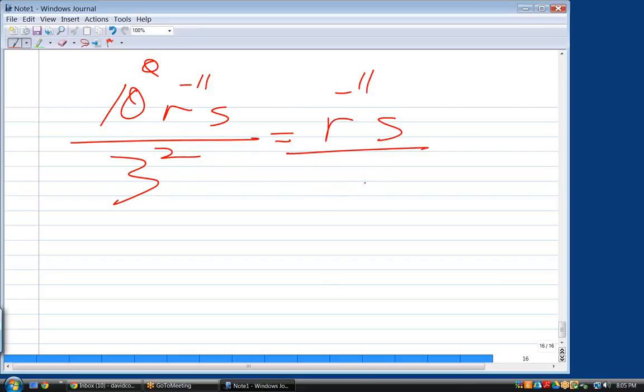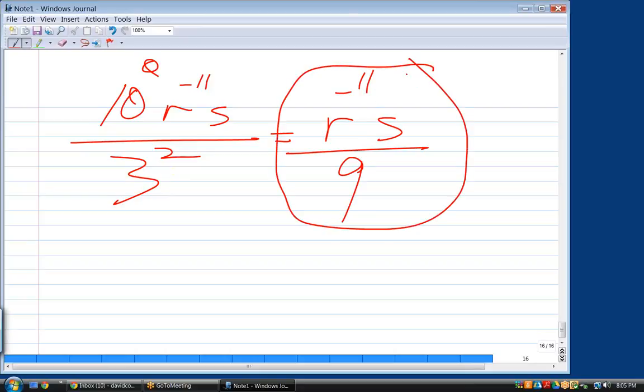What's 3 to the power of 2 equal to? 9, right? Now, this is one of those problems where this is what we get as an answer. But I'm betting that in the instructions it says, give your answers with all positive exponents. Yes.